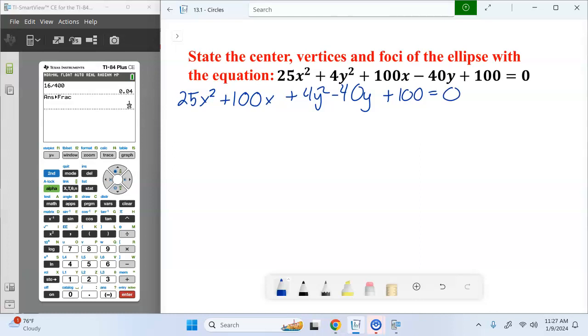Before I can complete the square, I need to do one more thing. Put the constant on the right side, so we'll subtract 100. So let's actually erase that. Do that as part of this step.